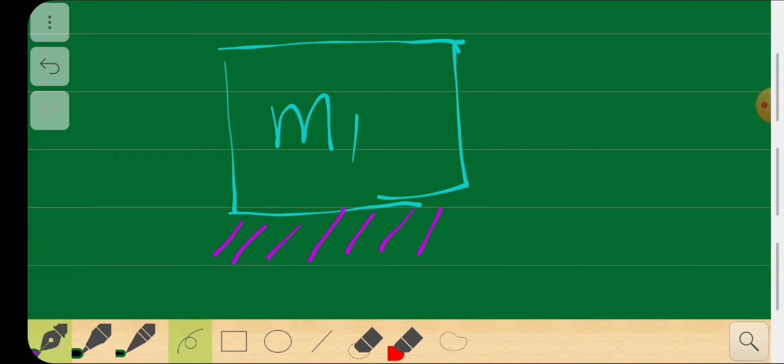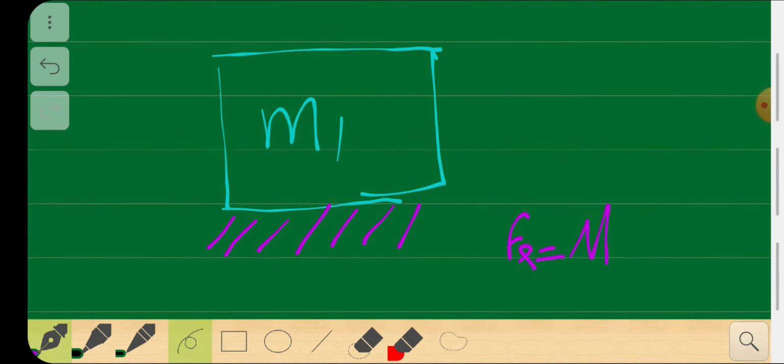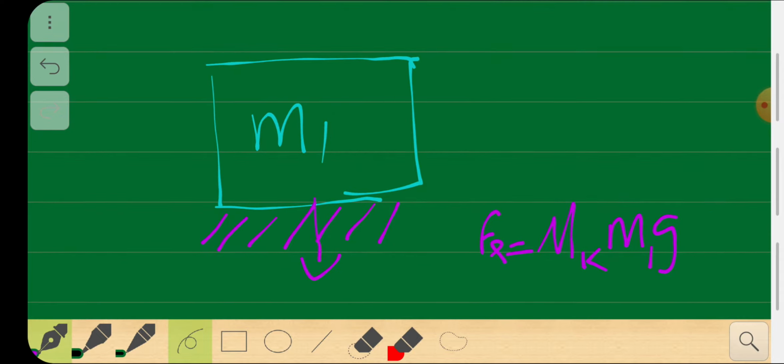As you can remember, the frictional force Fr must be equal to mu of kinetic or static friction, and if it's moving it's kinetic friction, times the normal force, which is m1g. The normal force is in the upwards direction, that's why it's a positive value here. So that will be the frictional force.